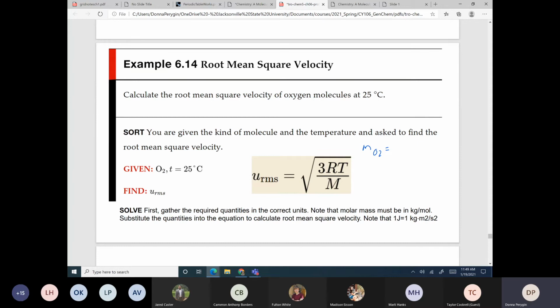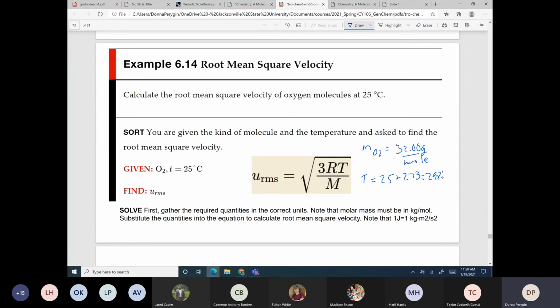So O2 is going to be 2 times 16, which is 32.00 grams per mole. Okay. All right, and the temperature is 25 degrees C, so that's 25 plus 273 is equal to 298 Kelvin. Okay, so we can calculate the root mean square velocity from that. Okay, RT over M.